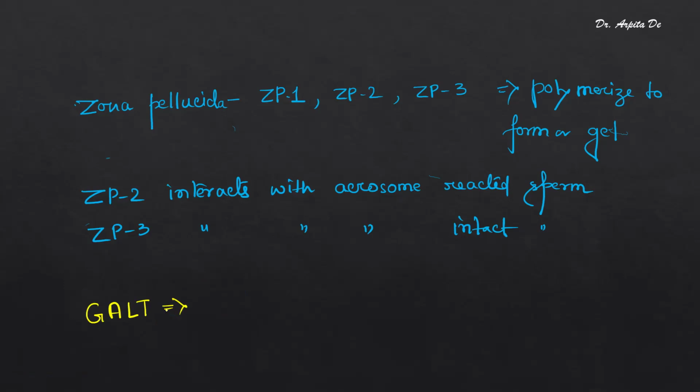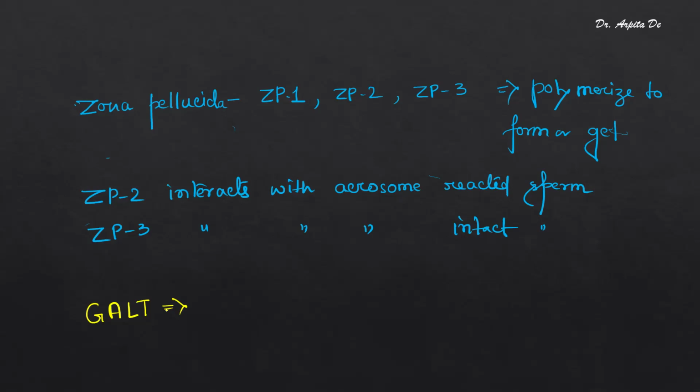So what did I say just now? ZP3 has N-acetyl glucosamine residues on it, and the receptors, this GALT, are present on the intact acrosome. Now, sperm galactosyl transferase binds to ZP3 N-acetyl glucosamine. The zonal layer gets sliced and fusion follows. This is the flow of events.